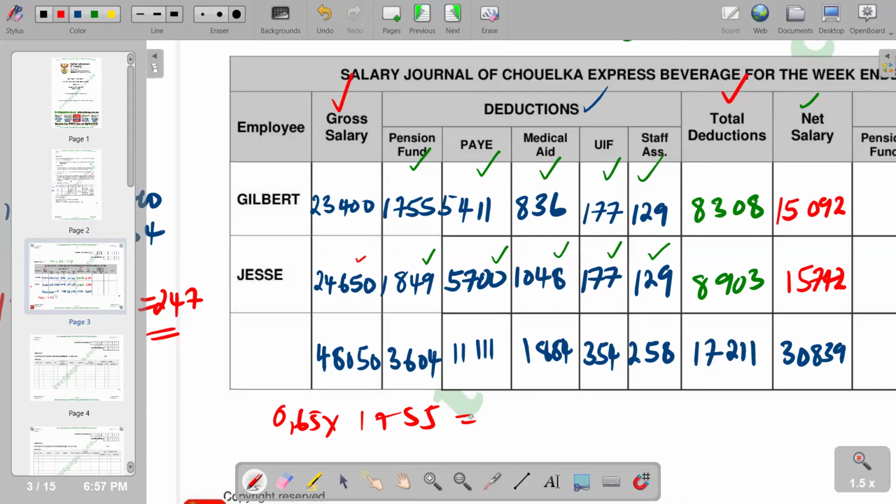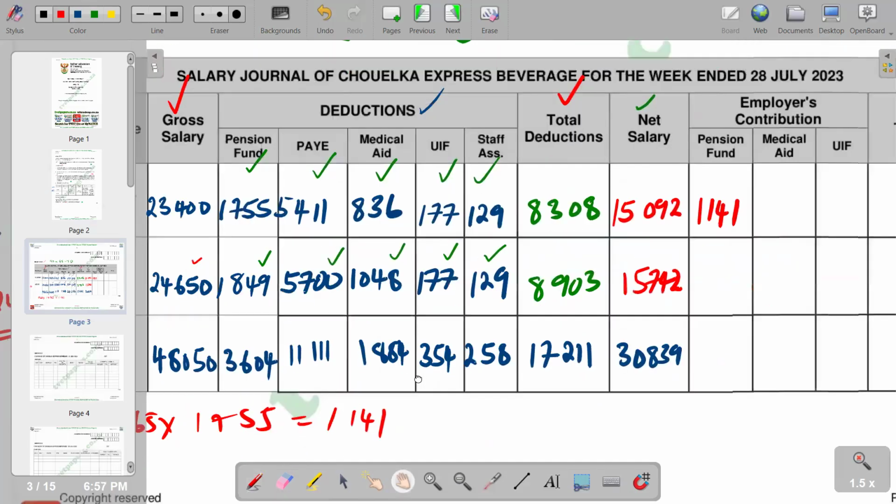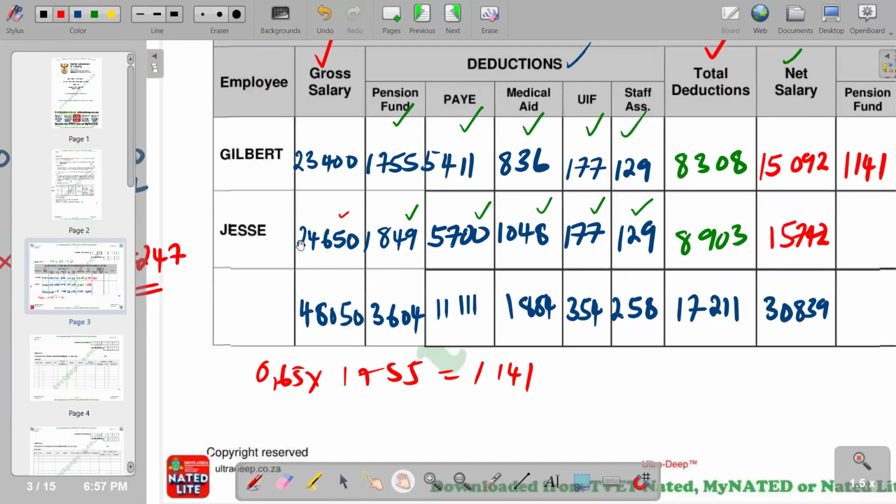So we get 1,141. This is the figure that is supposed to come here, the employer's contribution for Gilbert on pension fund, which is 1,141. So we do the same thing for Jesse, whereby you're saying 1,849 times 0.65.